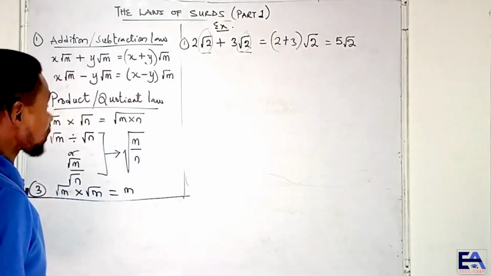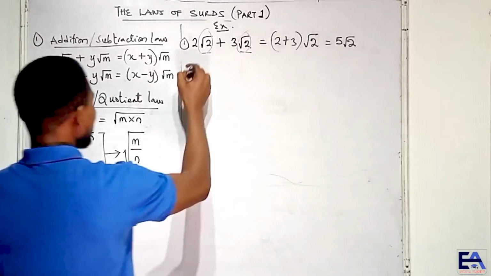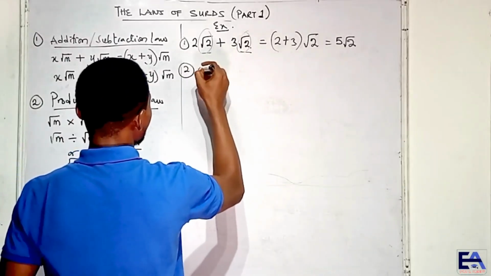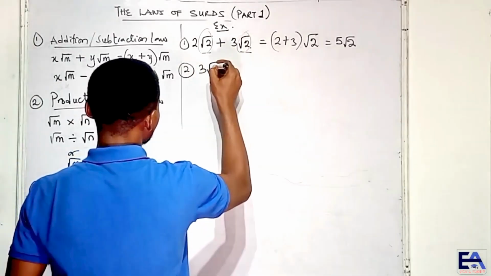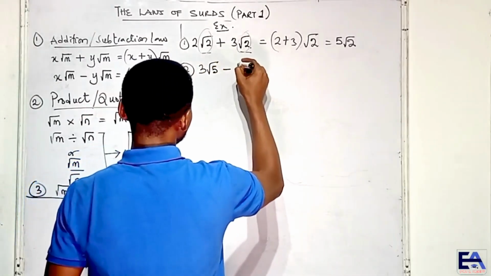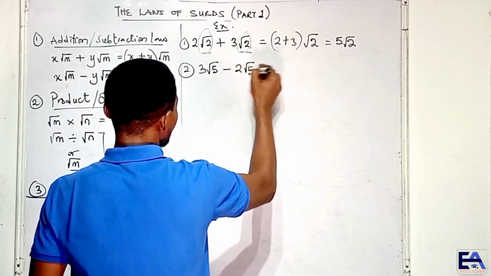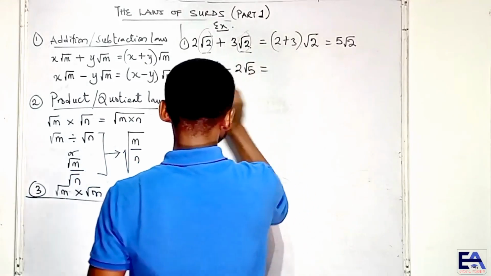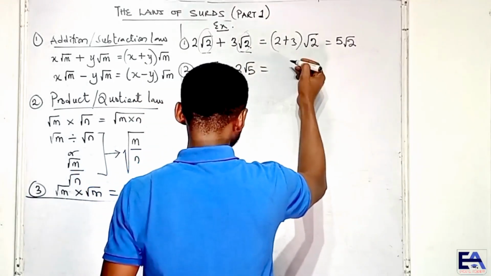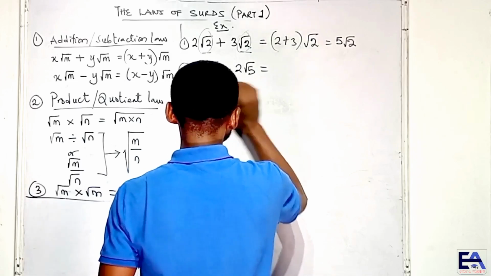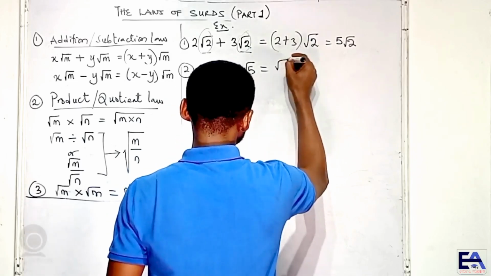And if it is subtraction, it goes the same way too. So if I have 3 root 5 minus 2 root 5, the answer is going to be 3 minus 2, which is 1, then root 5. So it's just going to give us root 5.